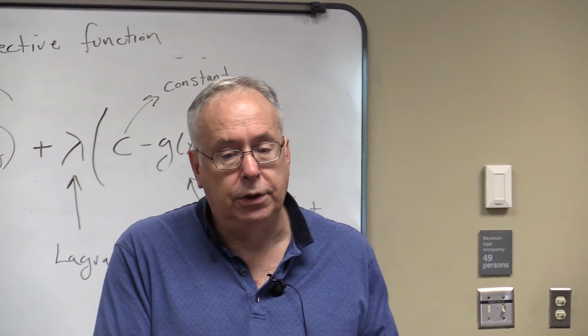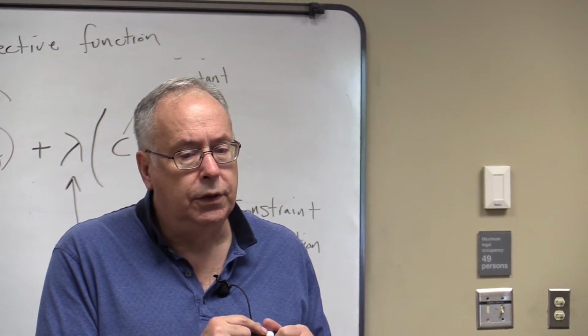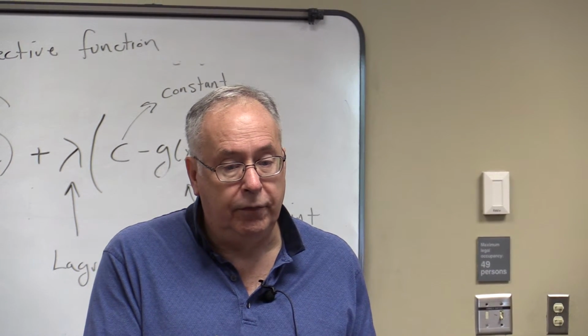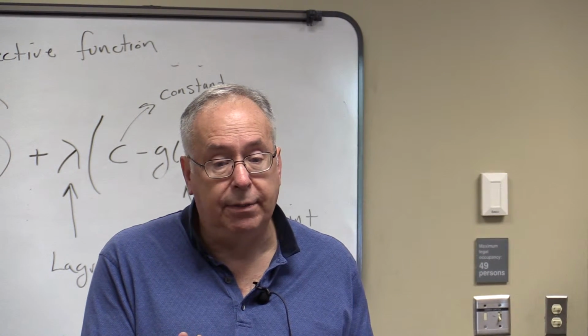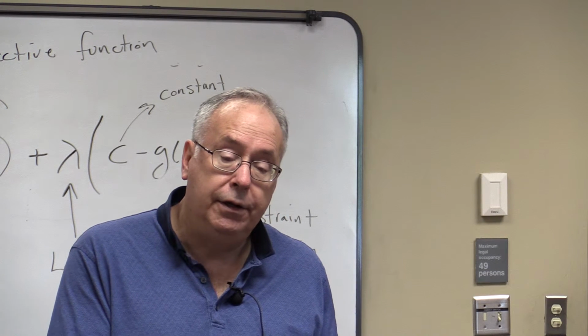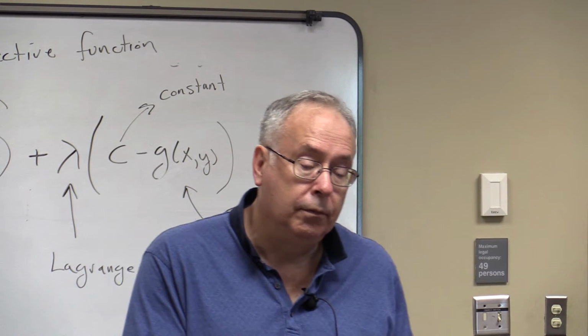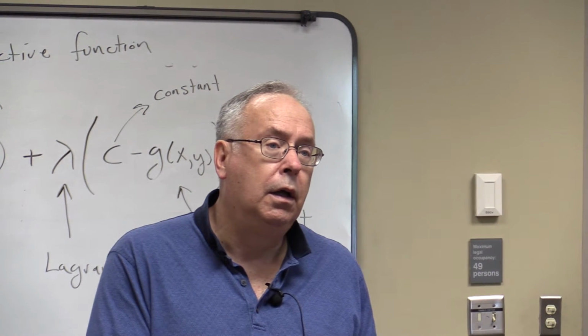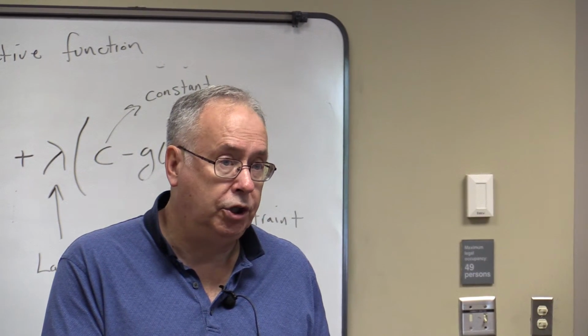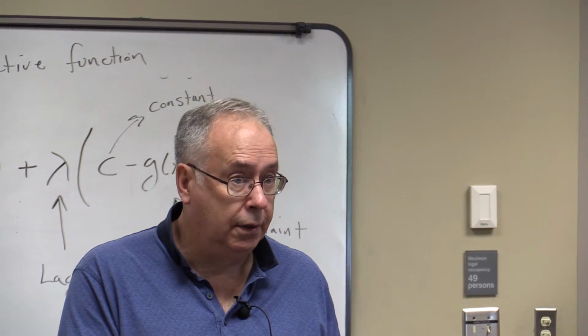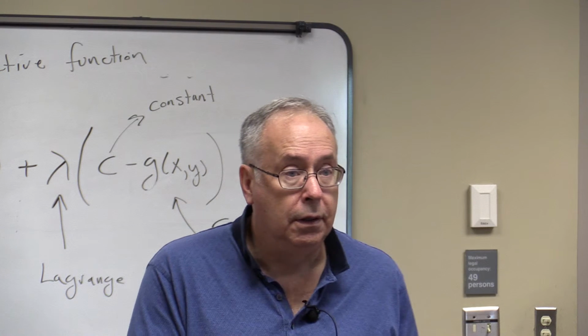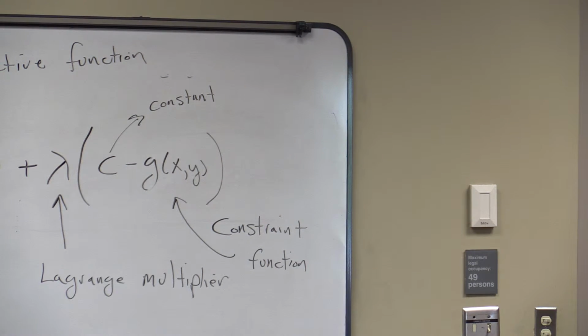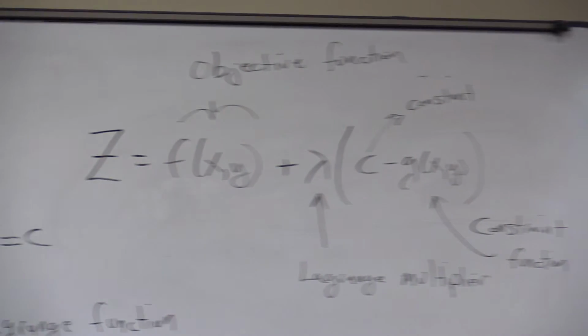But we'll talk about corner solutions later. Okay. So a positive value for the bordered Hessian guarantees a max. Negative guarantees a minimum. Are you talking about the determinant of the bordered Hessian? Right. The determinant of the bordered Hessian. You're right. Exactly. Okay.